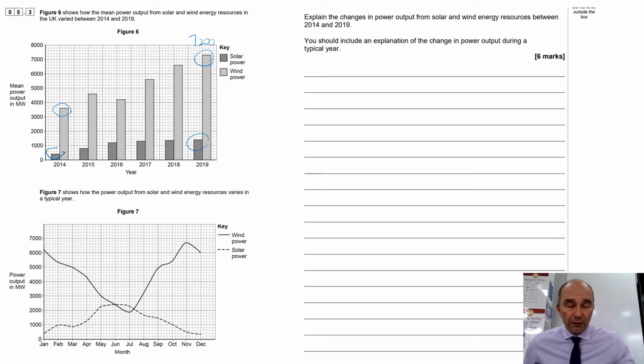So in figure 6 we need to be talking about the fact that the trends are upwards because we're building more wind turbines, we're building more solar panels. In figure 7 we generate more solar power in the summer when the sun is out more, a more intense sun, and don't forget about the windier months through the autumn and the winter. That's where you get the 6 marks from.